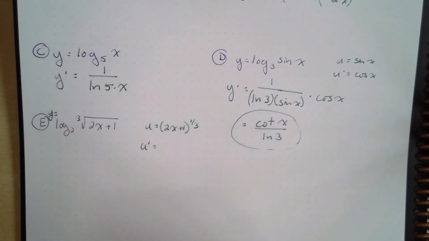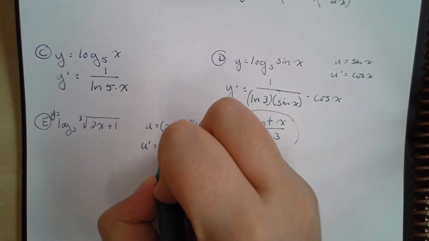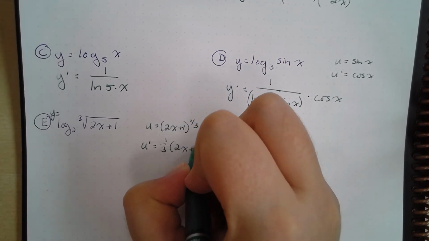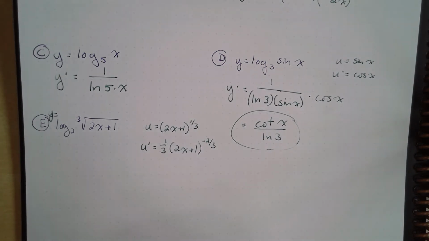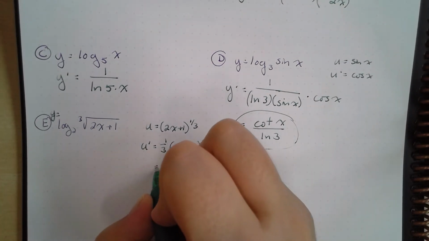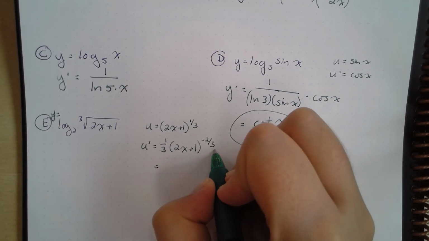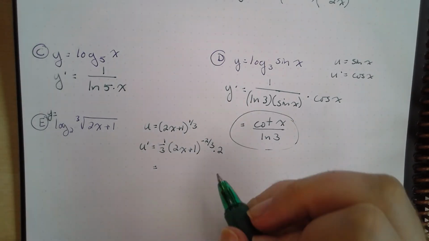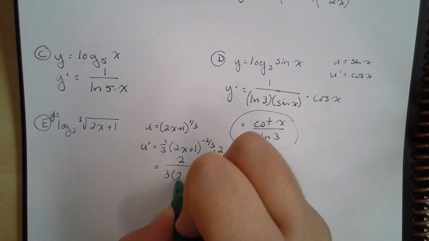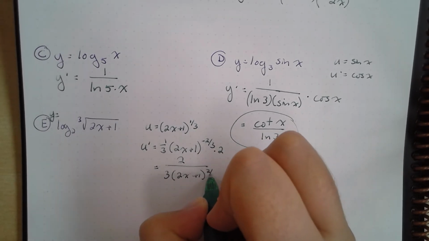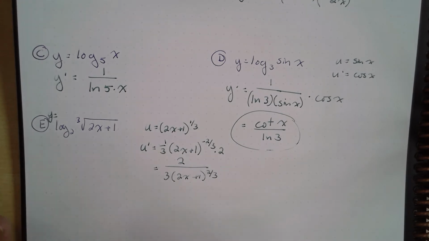And u prime is going to equal, well, I have to do some chain rule, 1/3 times 2x plus 1 to the negative 2/3 power. I'm just going to leave it like that. I guess if you really wanted, times 2. I can't believe I almost forgot that. If you want to rewrite it, you can have 2 over 3 times 2x plus 1 to the 2/3 power. Same thing. So let's find our derivative now.